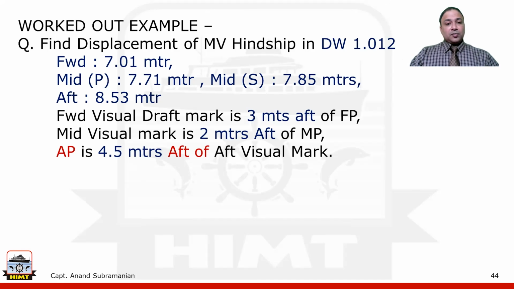But look at this last line: I'm giving the aft perpendicular with respect to the visual mark, so please don't take it directly. Read and understand what is given. In this case, the aft perpendicular is 4.5 meters after the aft visual mark, which means the visual mark is forward of the aft perpendicular. So please read this English carefully and understand the location.